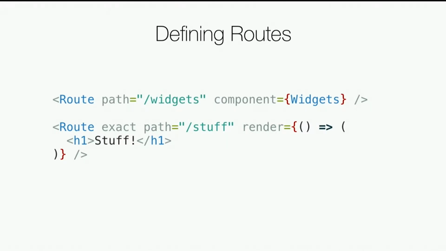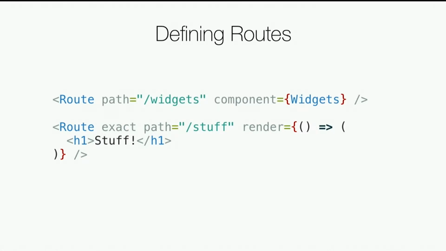The two things you need, I guess you don't always need it, but the first thing is the path, which is just a string. So saying when you match this path, what component do you want to render? Say I have a widgets component, and if my URL path is mywebsite.com/widgets, then I want to render my widgets component. The one below is a little bit more complicated, but not a ton.